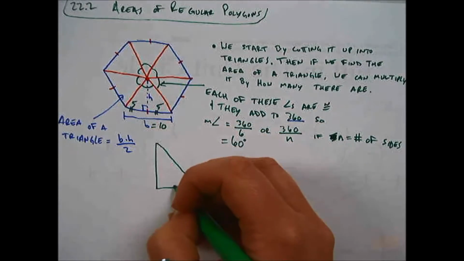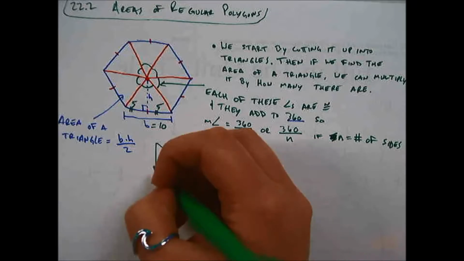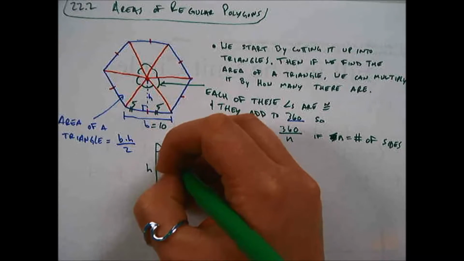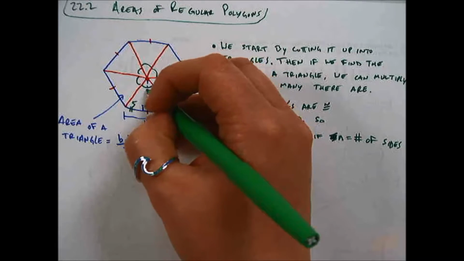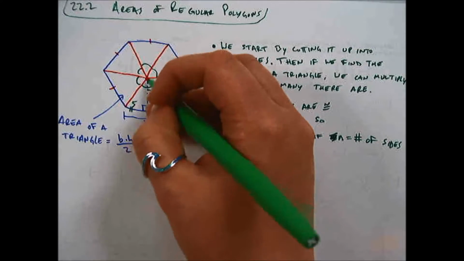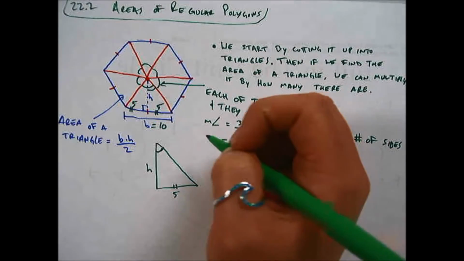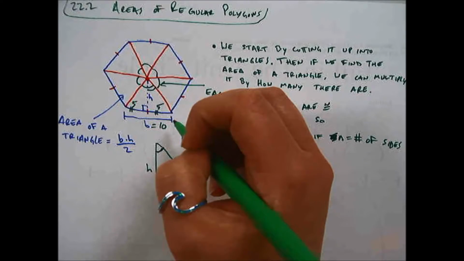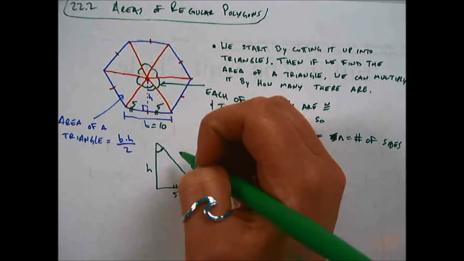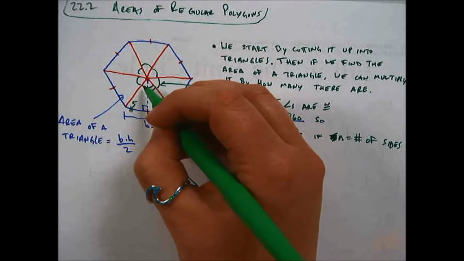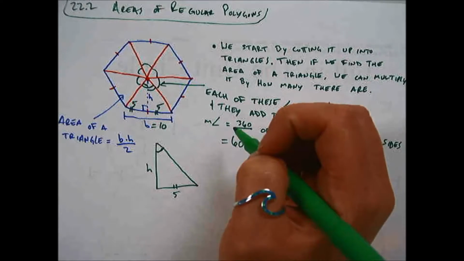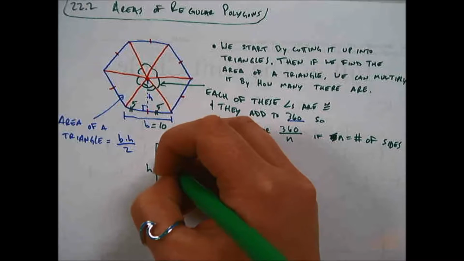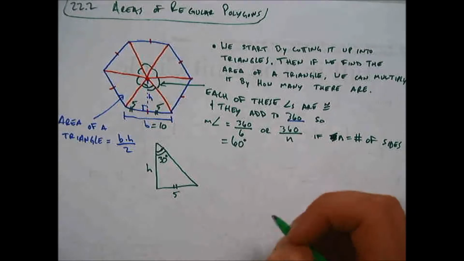So we've got this side is 5, this is the height that we don't know, and then this angle right here is just half of the big angle. So the height cuts the base into 2 equal pieces, and it cuts the angle into 2 equal pieces. So if it was 60 for the whole thing, half of it's just going to be 30 degrees.